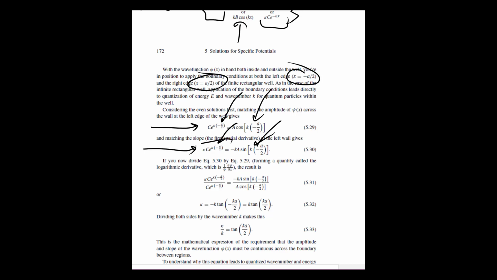We now divide this equation by this equation. Why do we do that? It's going to simplify things. Lots going to cancel. Look at this. These c's cancel, these terms cancel, these a's cancel, and sine over cosine becomes tangent. So we get that kappa equals minus k times tangent of minus ka over 2.